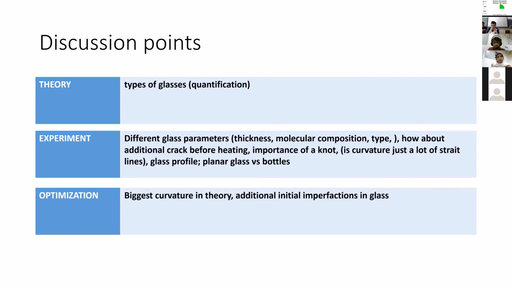I would also like to ask about the profile of the glass. If the glass had some curvature already on the surface, would this affect the probability of cracking or the shape of the crack? Yes.